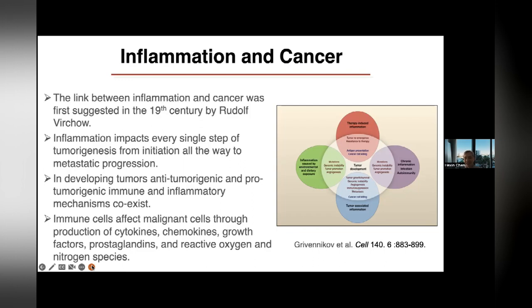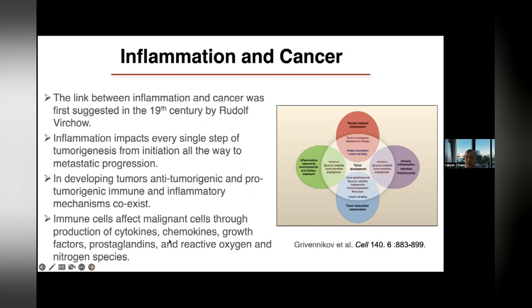In tumor development, we know the immune cells can play both pro- and anti-tumorigenic roles. Immune cells can secrete many factors to affect tumor growth, tumor mutations, and so on.